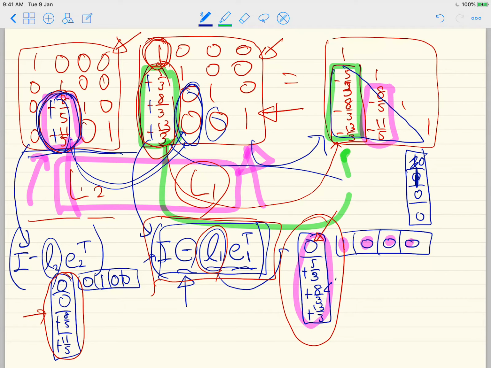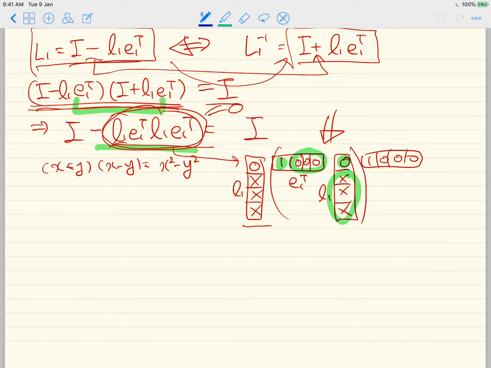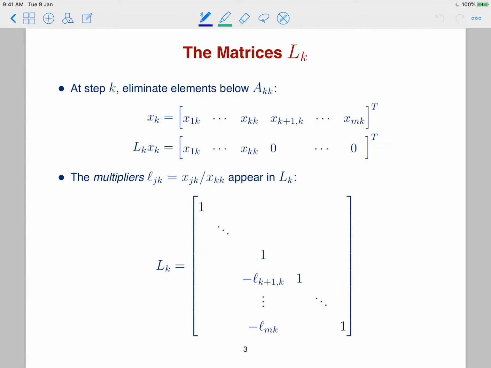So this is how we obtain our final matrix L. But here these row permutations are involved, right?